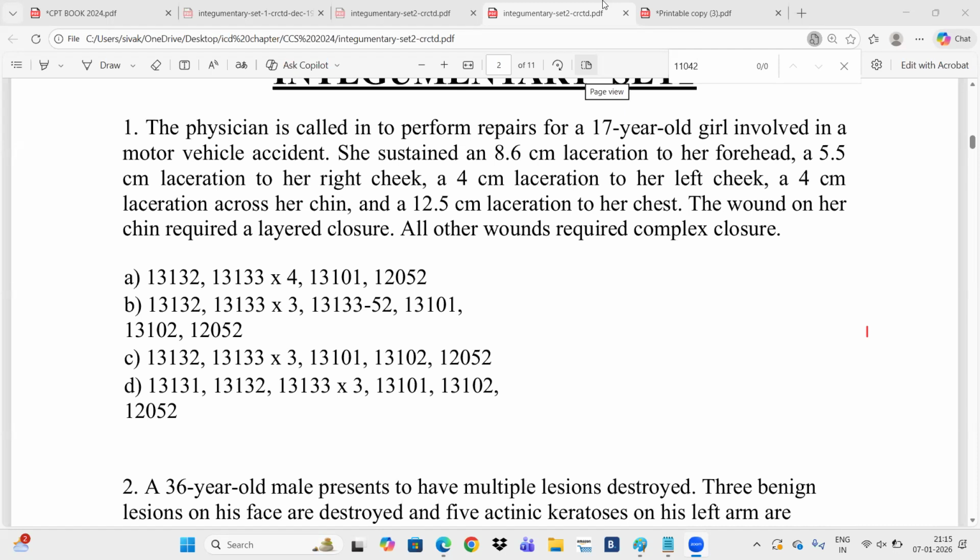A and C are completely wrong. Both are wrong. I think it's D. D correct.